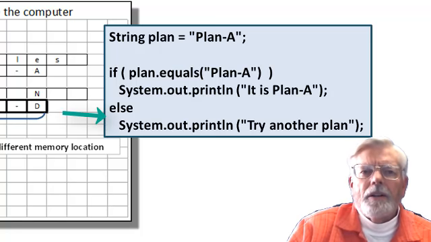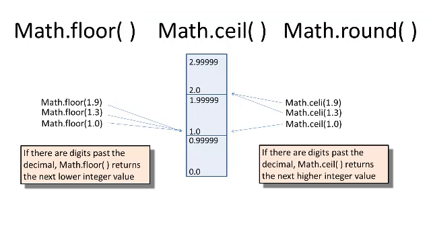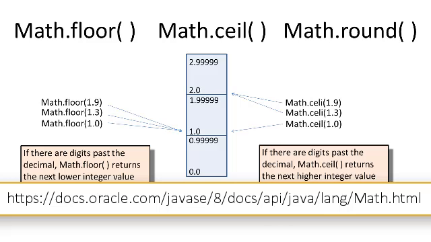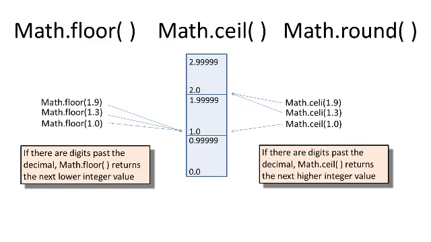Here is a brief description of what happens with positive numbers when using Math.floor, Math.ceil, and Math.round. Read the documentation from oracle.com for a fuller description of what happens when working with negative numbers. Although each of these methods returns a double data type, the value returned is a whole number. Math.floor returns the next lowest integer value if there are places past the decimal.